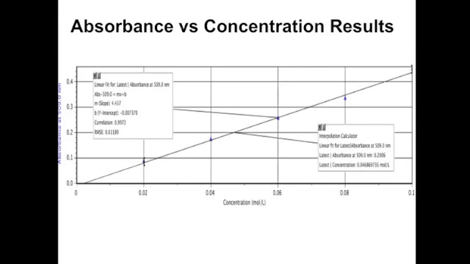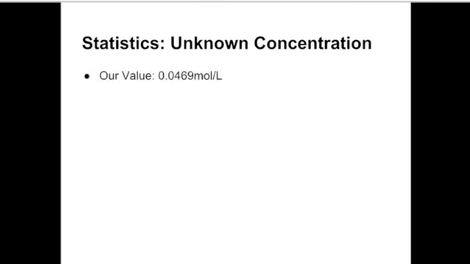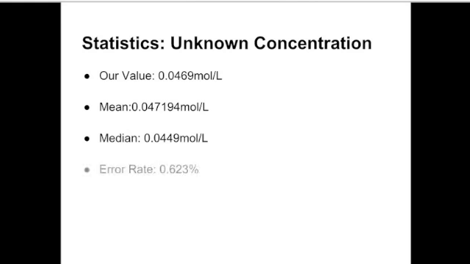0.0469 moles per liter. Our unknown value had a concentration of 0.0469 moles per liter, compared to the mean class value of 0.047194. The median of the class was lower than that, showing that although our results were accurate, they were not precise per se.